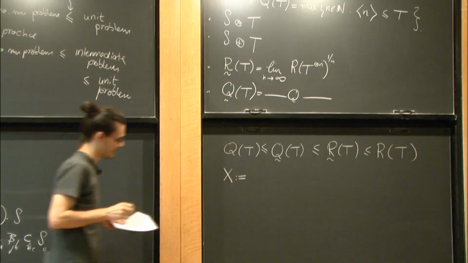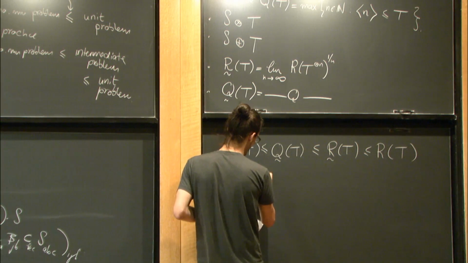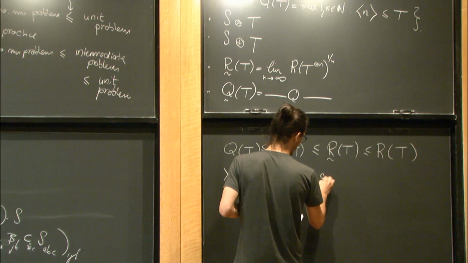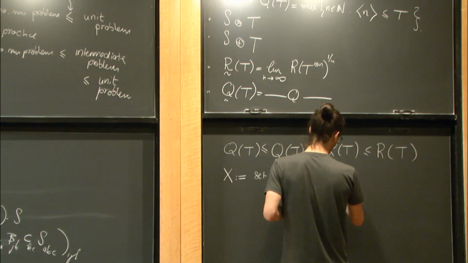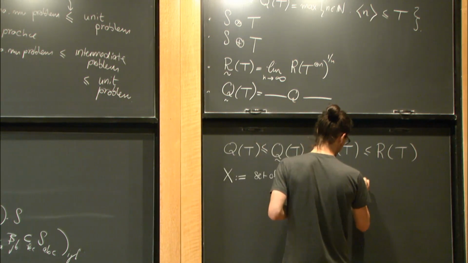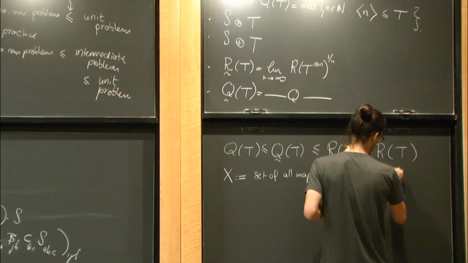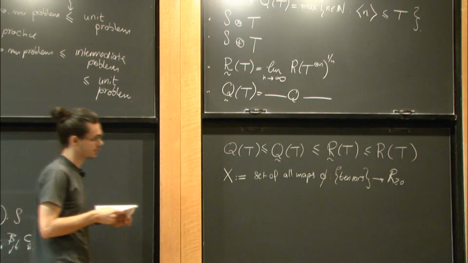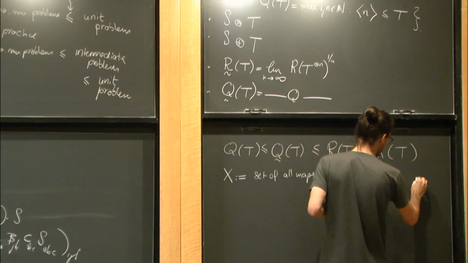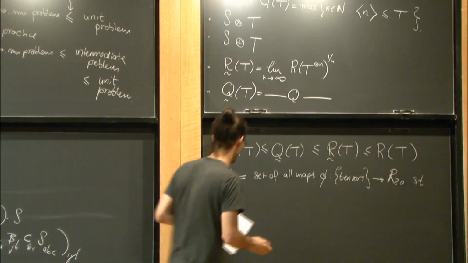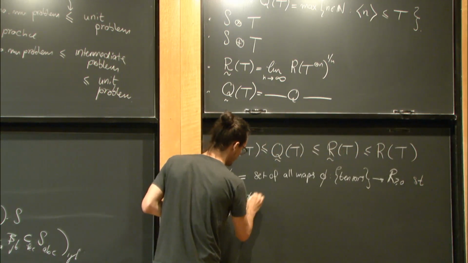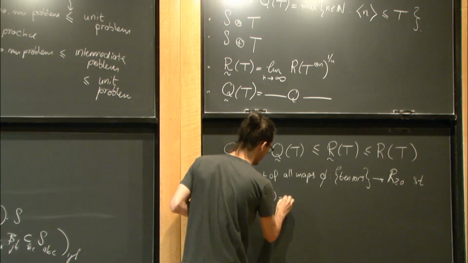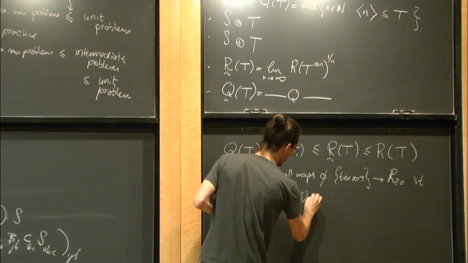So X, the asymptotic spectrum of tensors, is the set of all maps phi from tensors to non-negative real numbers with four properties. So we want phi to be multiplicative. So for any tensors s and t, I want phi of s times t to be equal to phi of s times phi of t.